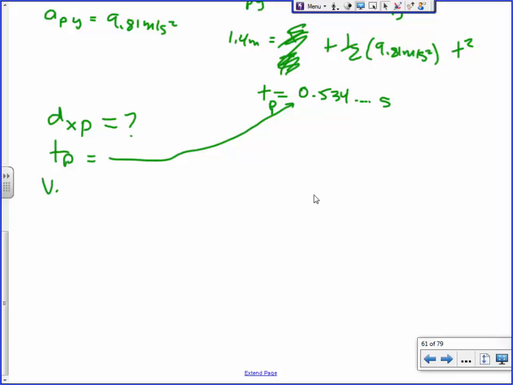What was its initial velocity in the x direction? It was what, like 13 meters per second? Is that right? 13.8? Is the phone going to slow down in the x direction? Or speed up?